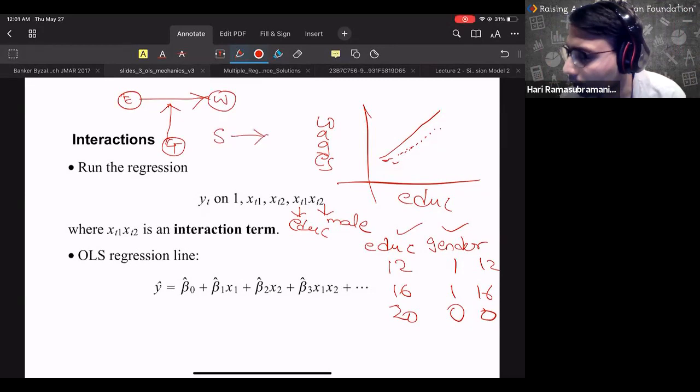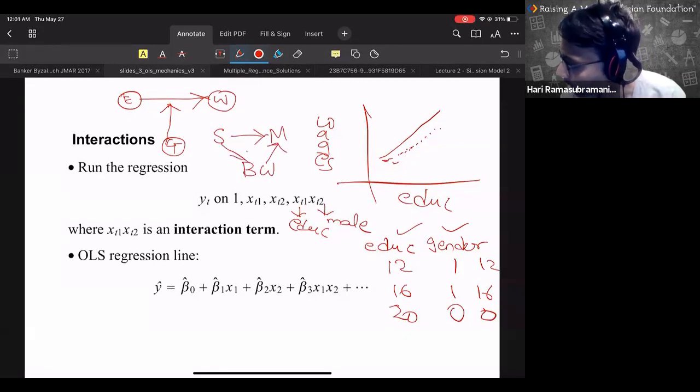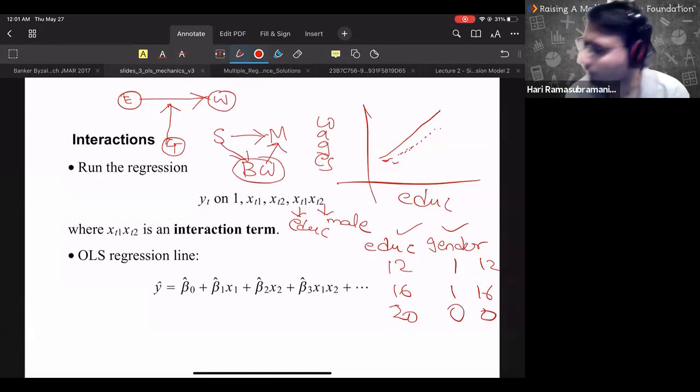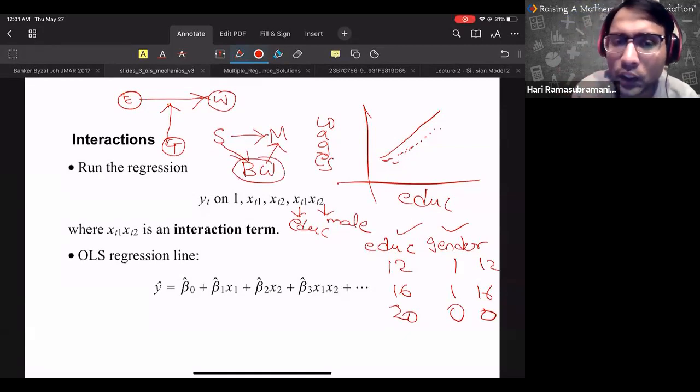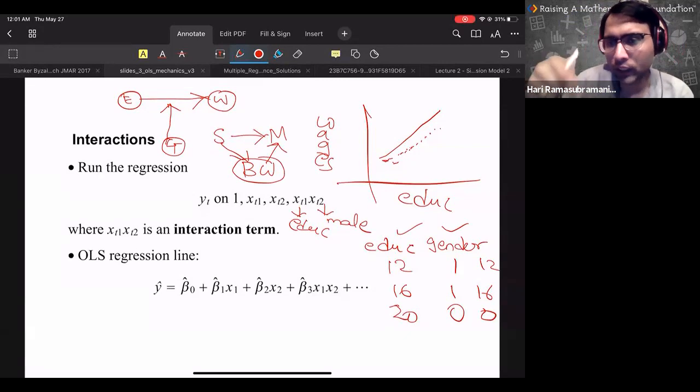Smoking affects mortality, and birth weight affects mortality. Smoking affects birth weight. So here we said that birth weight doesn't affect the relationship between smoking and mortality. Smoking affects mortality through birth weight. So birth weight acts as a mediating variable. The relationship is mediated by the birth weight.